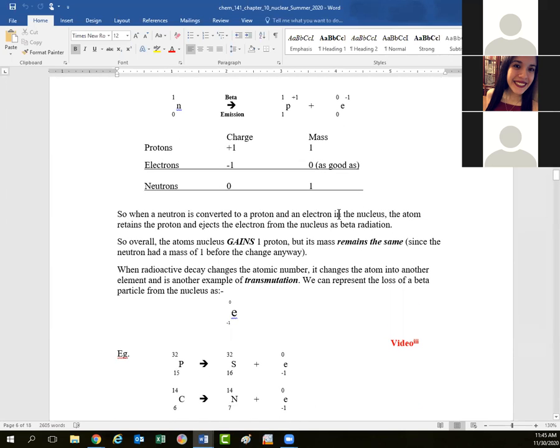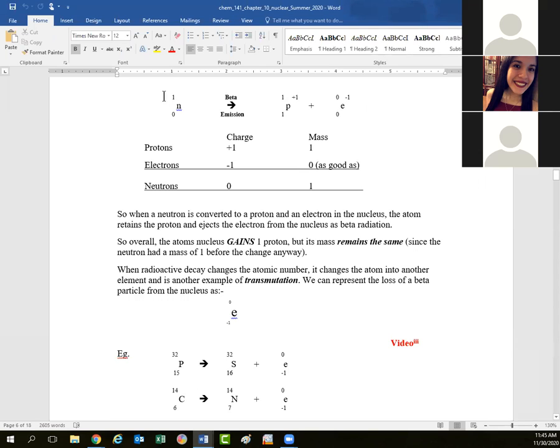What we think happens is that there are sometimes unstable neutrons in the nucleus that break down to give a proton and an electron. Because the proton stays where it is, it's happy in the nucleus, but that electron is not. And so that electron is ejected from the nucleus as a stream of radiation.